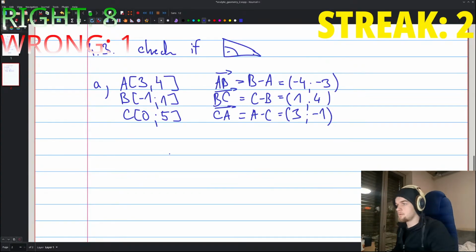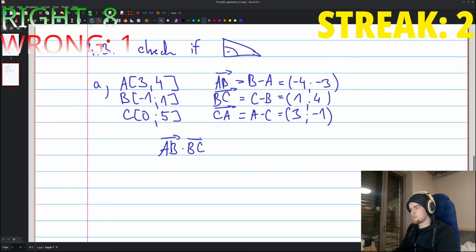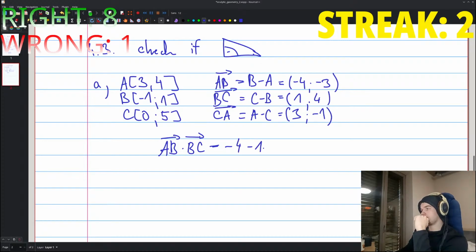And now we just have to do the scalar multiplication, which is -4 plus 1, so that's -4, -12 is obviously not 0.